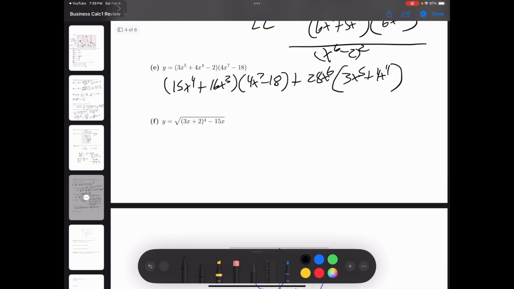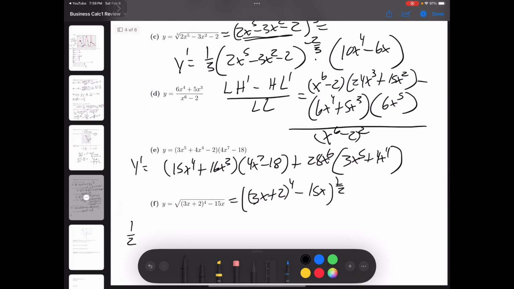Continuing, we have the derivative of this function here, which can be rewritten as 3x plus 2 to the 4th power minus 15x, all to the 1/2. And once I see that it's to the 1/2, I see that I'm going to do the chain rule. The chain rule is the derivative of the outside, which is just 1/2. This is y prime equals, sorry, I should be writing this everywhere.